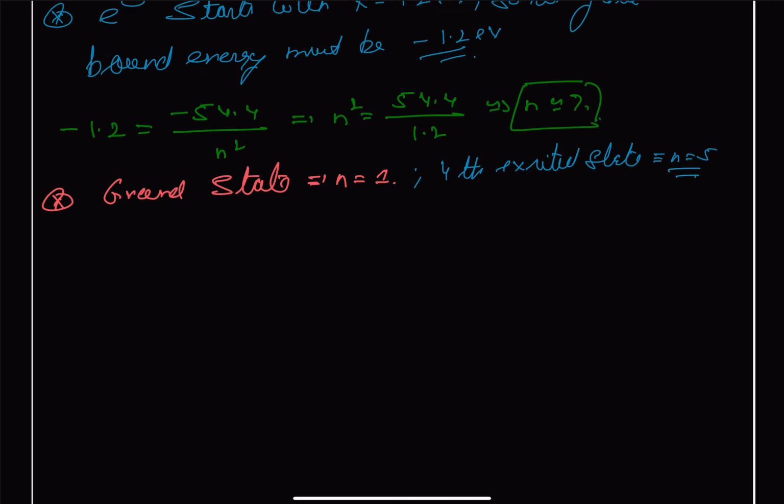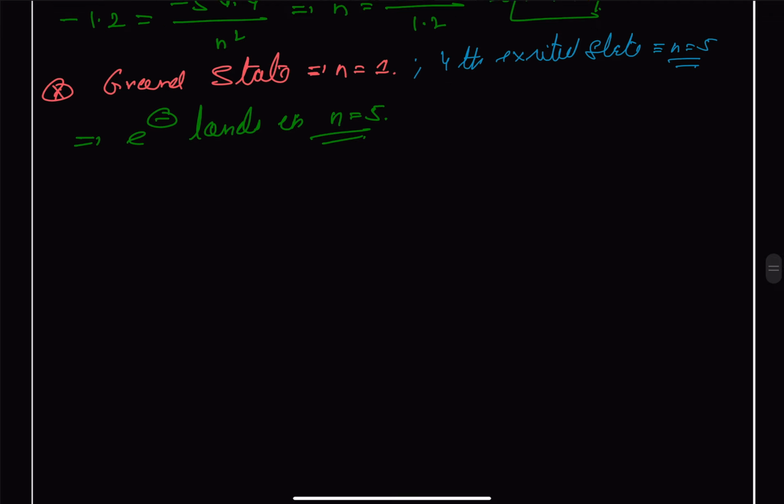So it means the electron lands in n is equal to 5. Therefore, the electron lands in n is equal to 5. So now we can easily find out the photon transition from n is equal to 5 to the lower level, which is our n1 or n2.